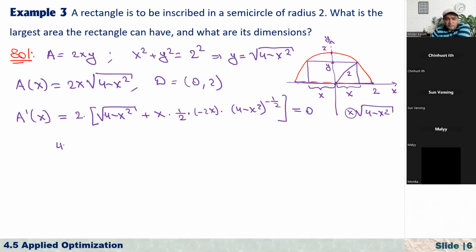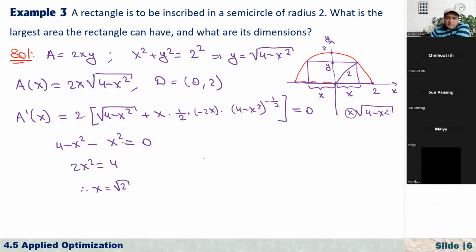So here we have 4 minus x squared minus x squared, equal to 0. Now if you solve this equation, we have 2x squared equal to 4, so x is equal to square root of 2.